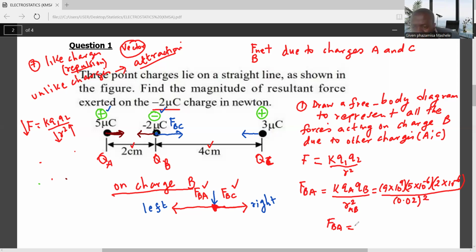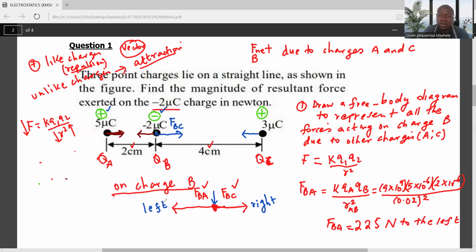This will give us the magnitude of 225 Newton. We can also specify the direction, which is to the left, when we are doing the calculations.